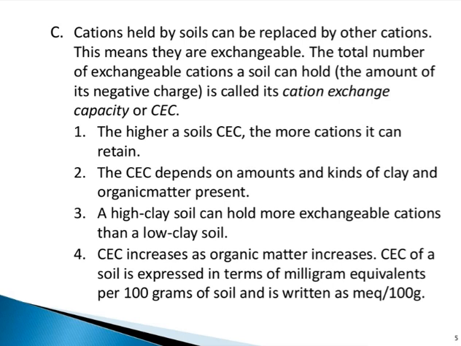What is the significance of CEC in agriculture? The higher the soil CEC, the more cations it can retain. Exchangeable K is a major source of plant K. Exchangeable magnesium is often a major source of plant Mg. The amount of lime required to raise the pH of acidic soil is greater if the CEC is greater.